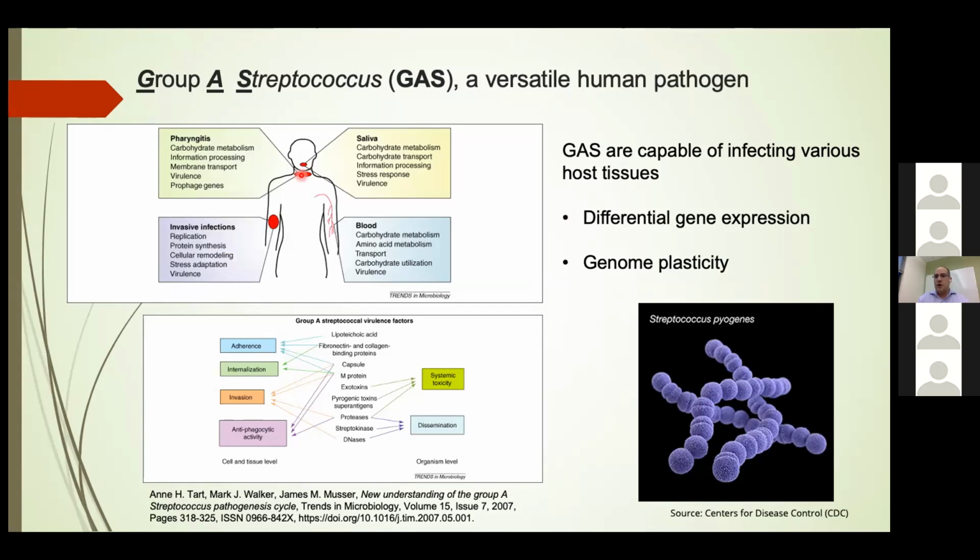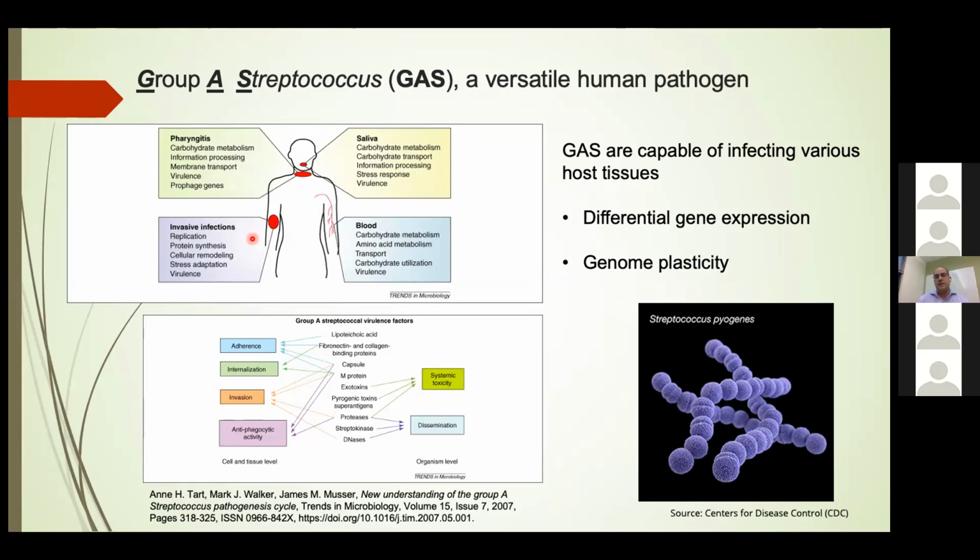However, it can also cause infection, the most common being the nasopharyngeal infection that most of us are familiar with and commonly referred to as strep throat. But group A strep can also cause invasive and even life-threatening infections in the blood and subcutaneous tissue and muscle.